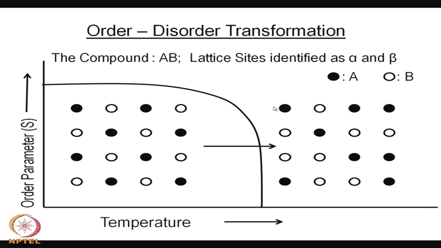Here, the A and B atoms are not occupying regular lattice sites, they are randomly distributed. Okay. So, this is a disorder structure, a disorder phenomenon, whereas that is an order structure.